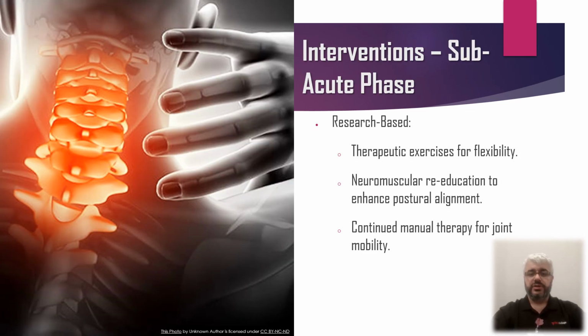As he progresses to the subacute phase, interventions shift to therapeutic exercises for flexibility, neuromuscular re-education for posture improvement, and manual therapy techniques for further enhanced joint mobility. These interventions are designed to address both pain and functional limitations more actively.